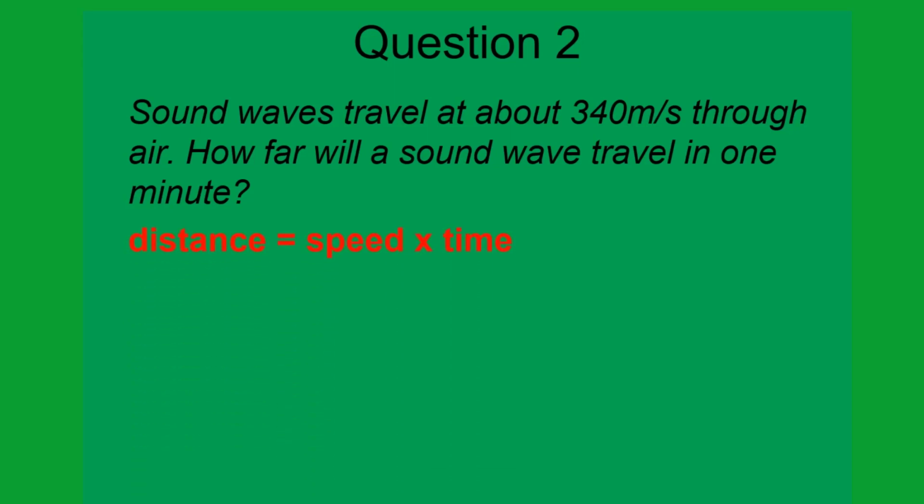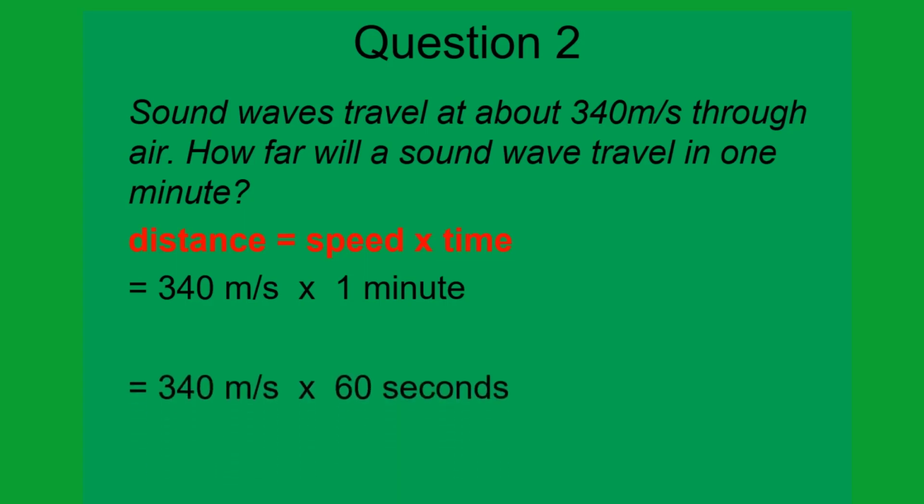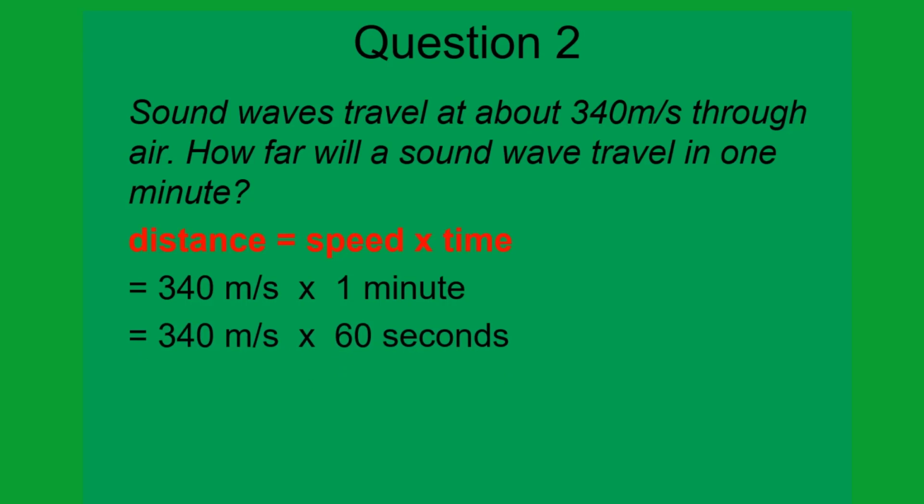So we know distance equals speed times time. Here speed equals 340 meters per second, but time is given in minutes. So we have to convert it into seconds, 340 meters per second times 60 seconds, because we know 1 minute equals 60 seconds.